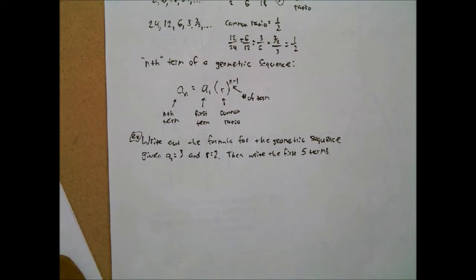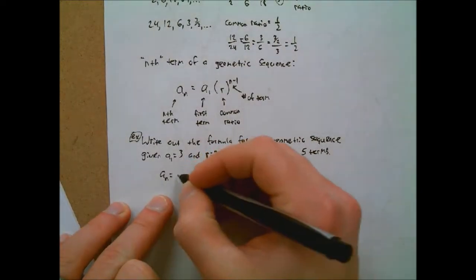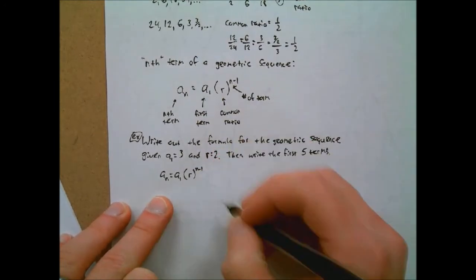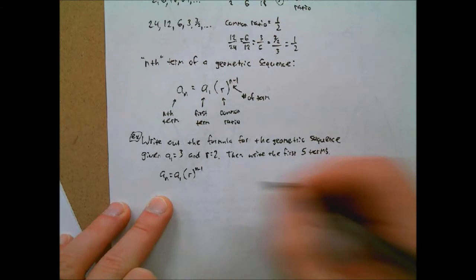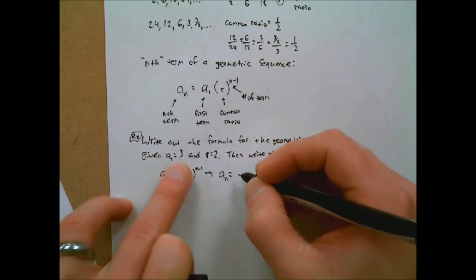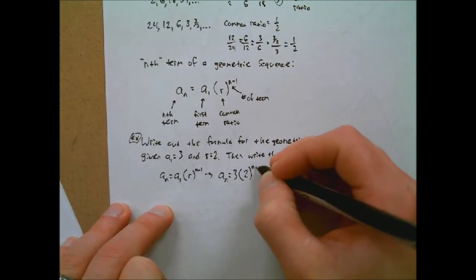Okay. So we'll write the formula out here first. So again, our formula is a sub n equals a sub 1 times the common ratio to the n minus 1 power. And so for our purposes, the first term is 3. Common ratio, we're told, is 2. And to the n minus 1.